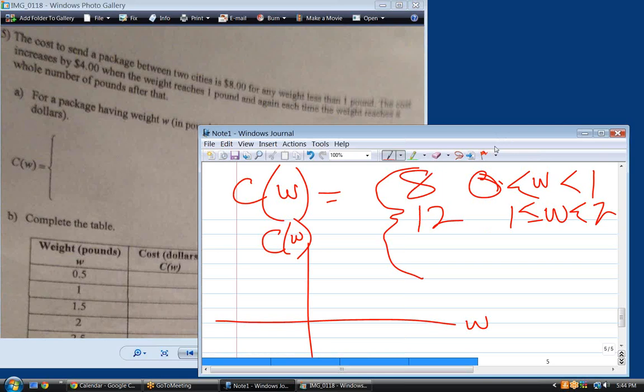I'm trying to wrap my hand around this because I hate this question, but no, I'm quite certain that this is going to be the answer. Notice what I'm doing here.